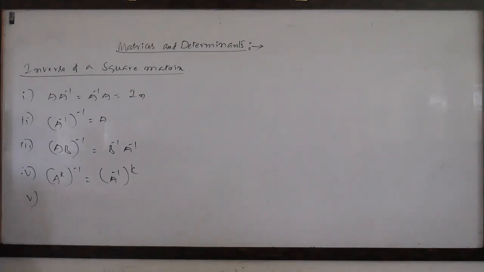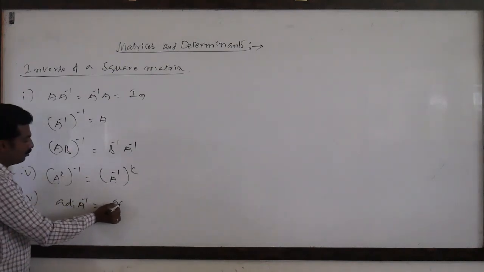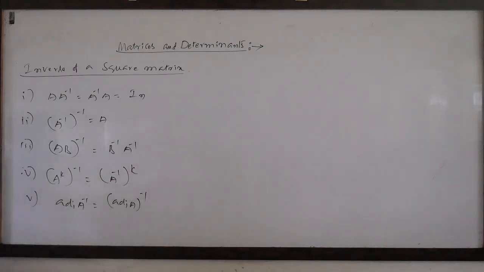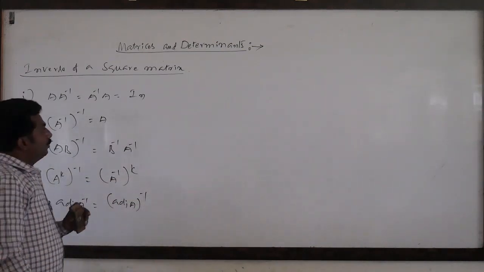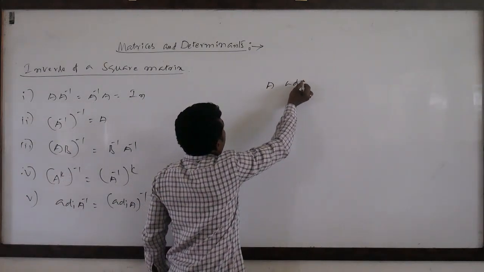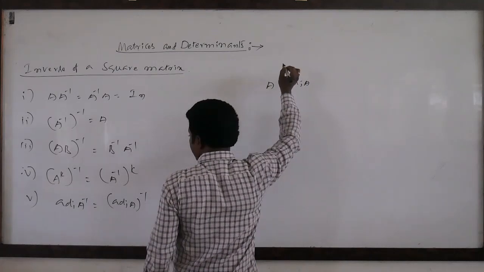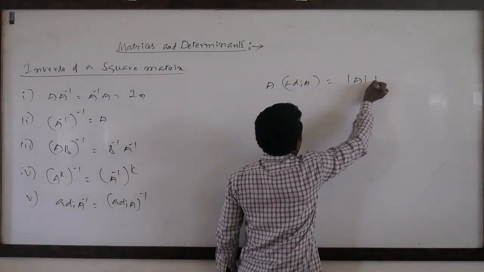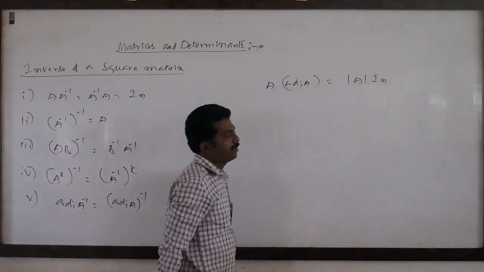Fifth one: adjoint of A inverse equals adjoint of A whole inverse; we have to prove this. See, A into adjoint of A equals determinant of A into the identity matrix.